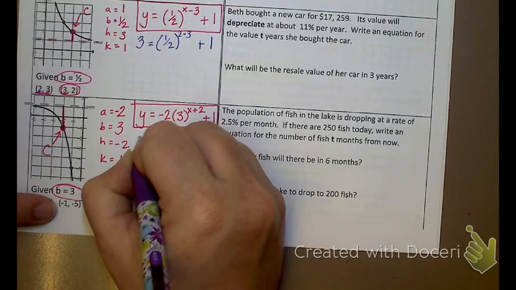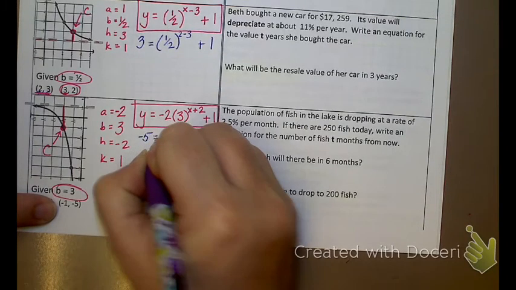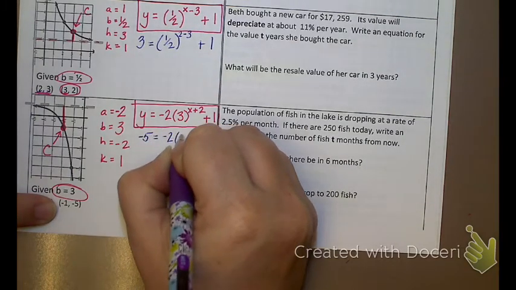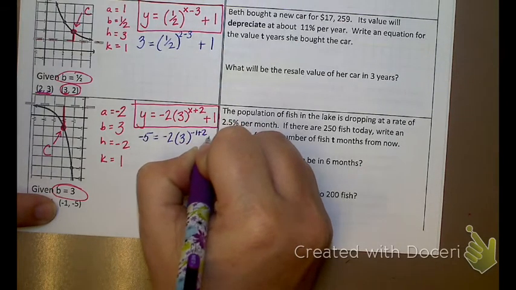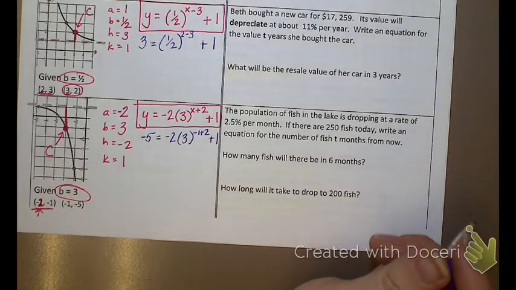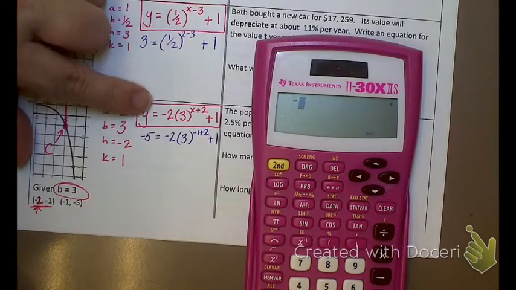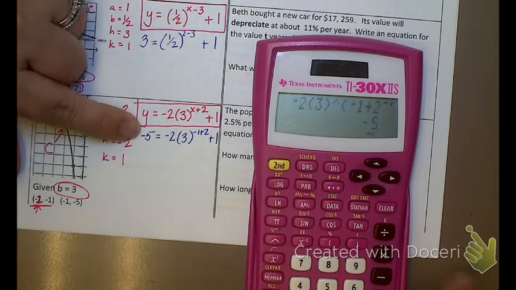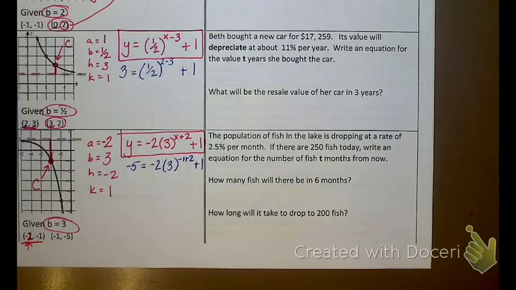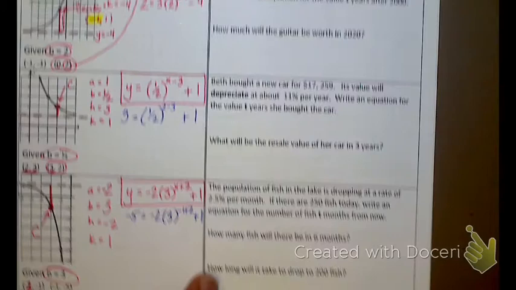I have -5 equals -2 times 3 to the -1 plus 2 plus 1. And I got to see if that's true. So -2 times 3 to the -1 plus 2 plus 1. And I do get -5, so it checks out. My answer is done.